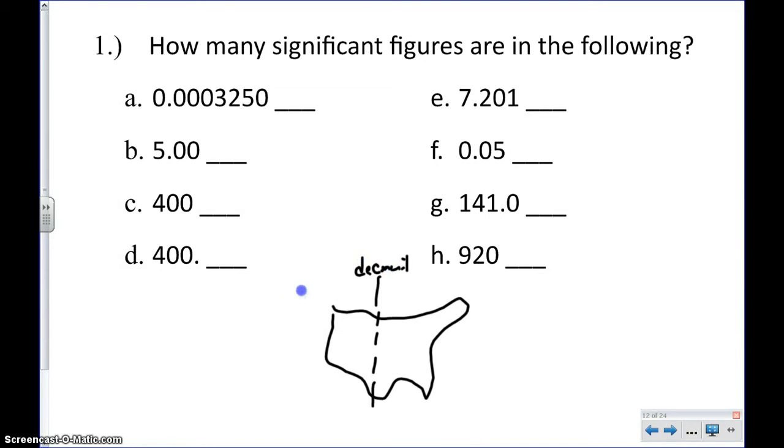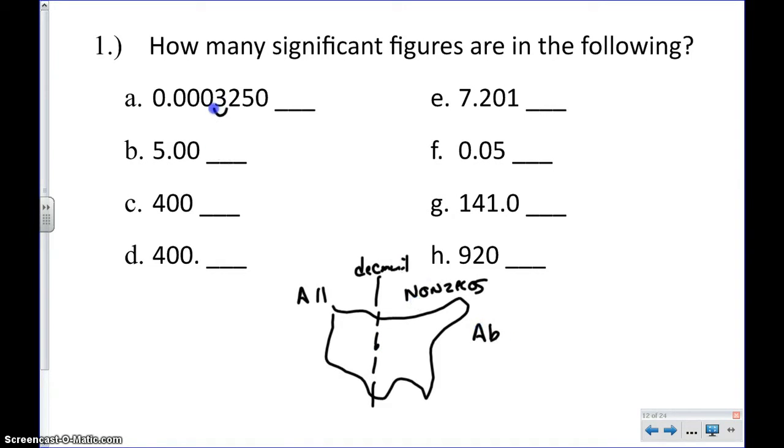And we said all and then non-zeros. So we would normally go ahead and say that our precision's all the way to the end, but for the purposes of physics, and since I didn't write the test, what you're going to do here is assume that the decimal is here. So when the decimal is here, we just go with the non-zeros.